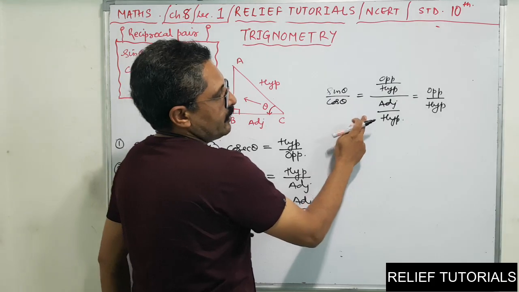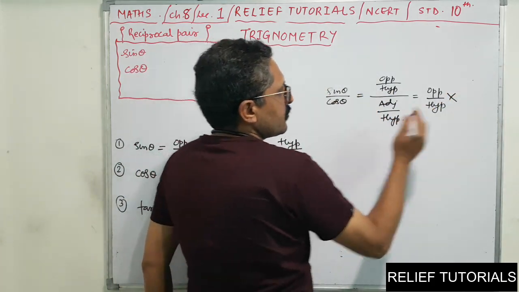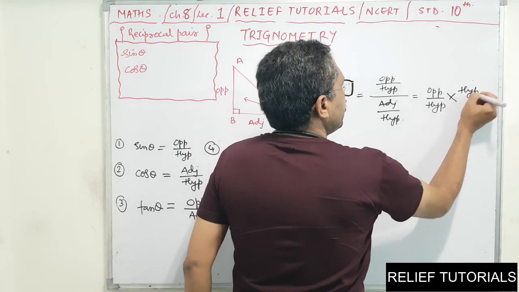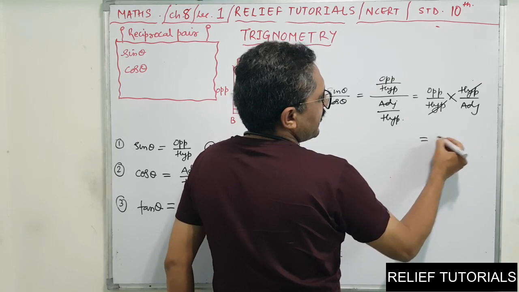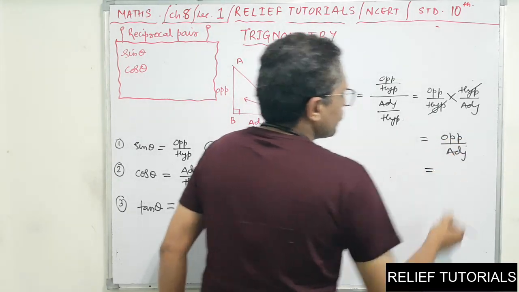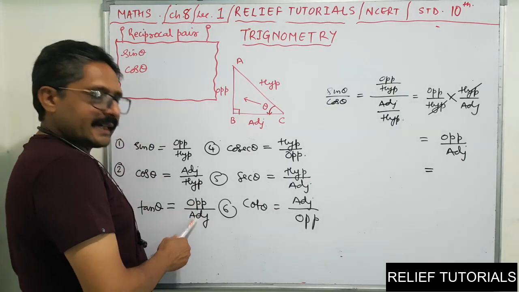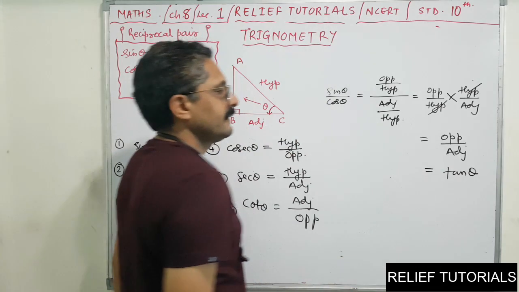For the denominator, when I multiply, you have to write its reciprocal. So you will get hypotenuse upon adjacent. This hypotenuse will be cancelled, so you will get opposite upon adjacent. That is tan theta.